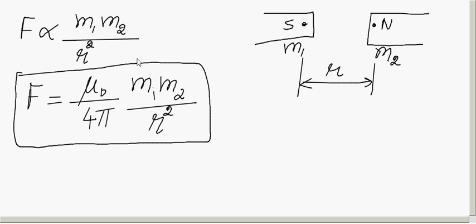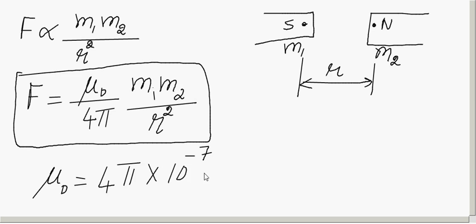Mu naught is a constant called absolute permeability of the material. The value of mu naught is 4 pi into 10 to the power minus 7. The unit is Tesla meter per ampere.